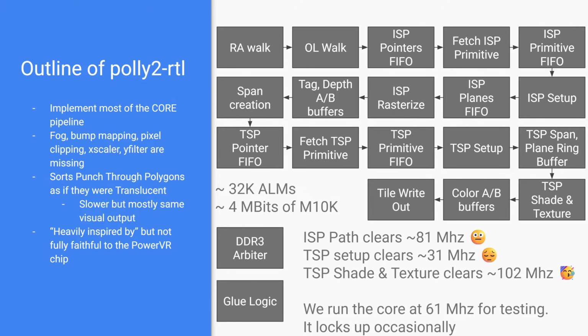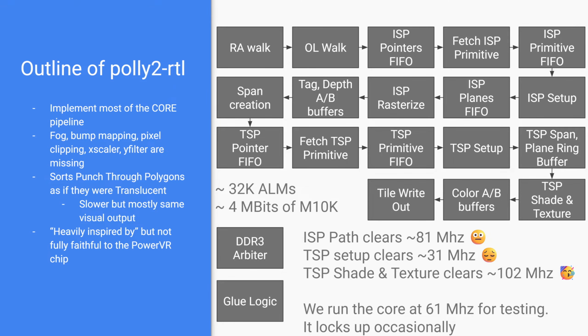The ISP only tells you which pixels are visible at the end, and then you only process those pixels for shading. So then you have to fetch again the TSP parameters like the color and the UVs for the vertices. ISP fetching only fetches the depth and the XY, Z coordinates. Well, XY inverse W, but yeah.